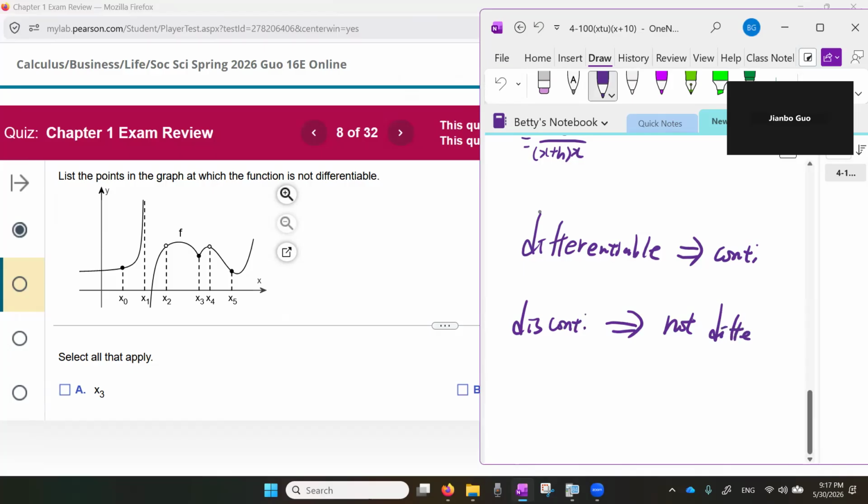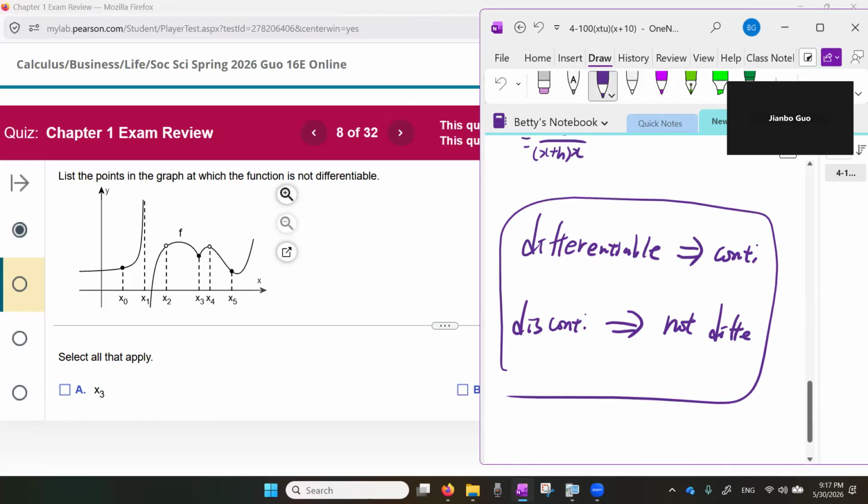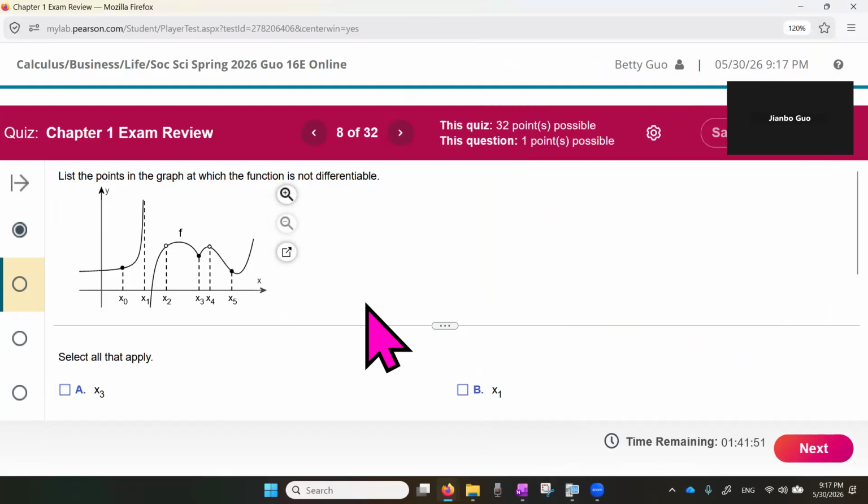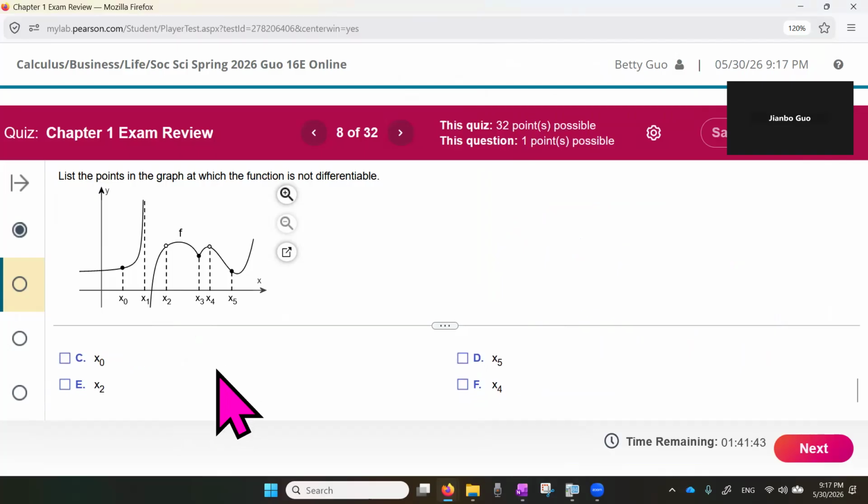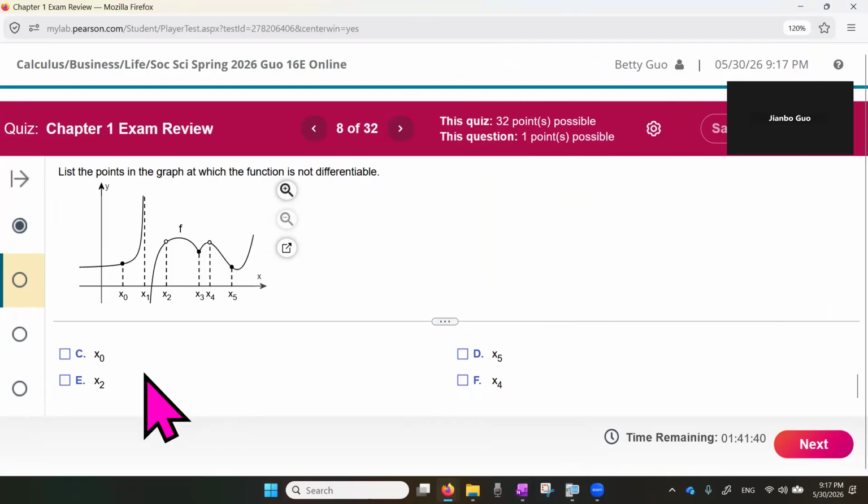This is pretty important, I hope you'll remember. So this function is not continuous at x1, obviously it is not differentiable at x1 either.